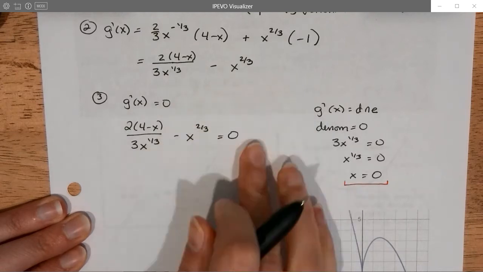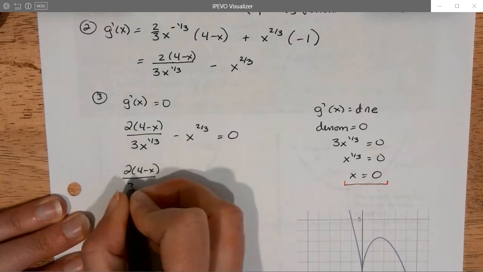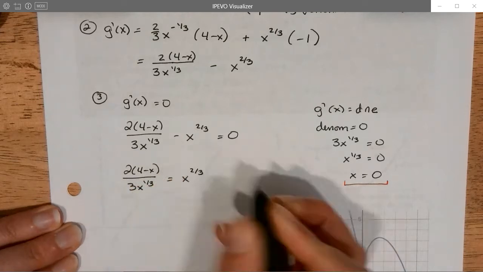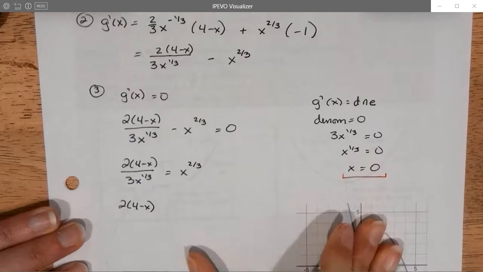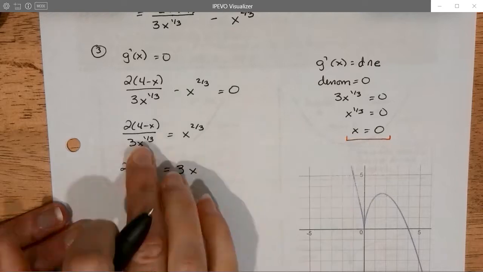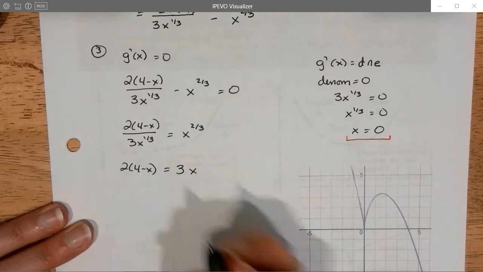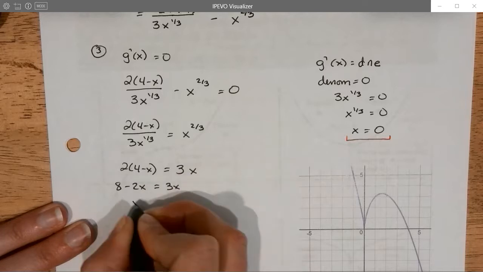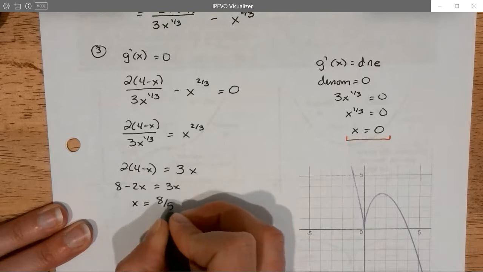If I add to the other side, 2 times 4 minus x over 3x to the 1/3 equals x to the 2/3, and then multiply both sides by the denominator. 2 times 4 minus x equals 3 times x to the first, because 1/3 plus 2/3 is 3/3 or 1. And then distributing, we have 8 minus 2x equals 3x, so add that over, you have 5x, divide by 5, you have 8 fifths. So x equals 8 fifths.